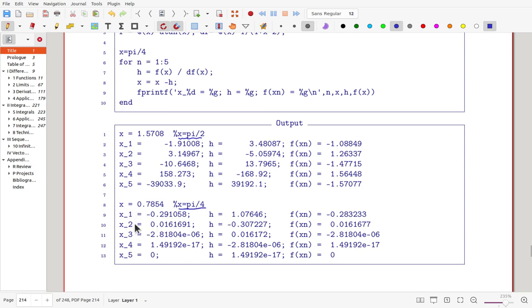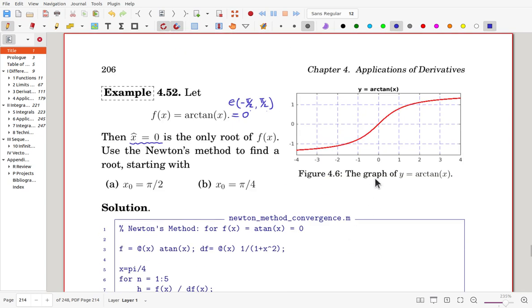Now the 0 is the root. Now x1, x2, and x5, as you can see over there, are about 10 to the minus 2, then 10 to the minus 6, and now 10 to the minus 18, which is better than square. In fact, this is a symmetric shape so that it has cubic convergence rather than quadratic.